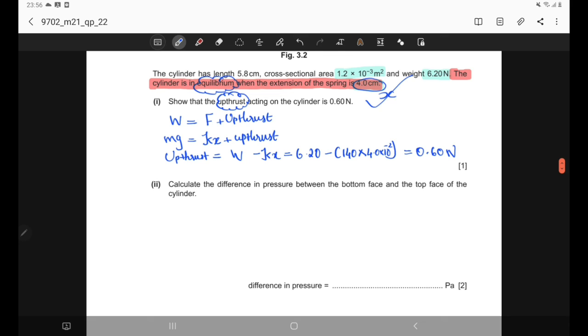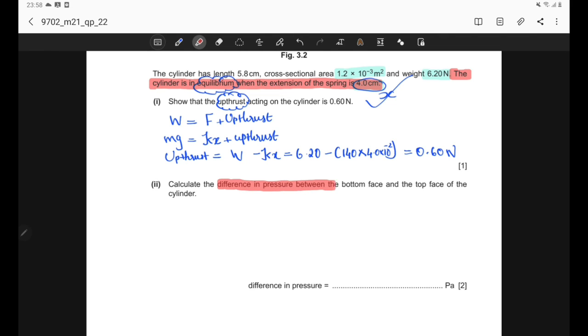Part 2. Calculate the difference in pressure between the bottom face and the top face of the cylinder. So here we must know that the difference in pressure between the bottom face and top face of the cylinder is the reason for upthrust. So we can use the equation. Pressure is force over area. But in this case, the change in the pressure is equal to the force due to this change in pressure, that is upthrust over area of cross section.